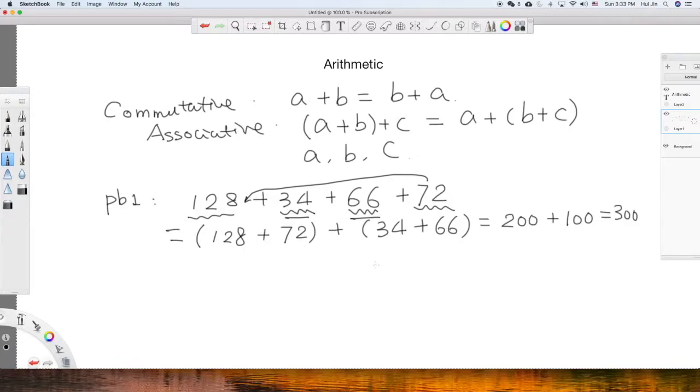All right, that's problem number 1. Let's look at problem number 2. Calculate 1 plus 2 plus 3 plus 4 plus ... plus 100.